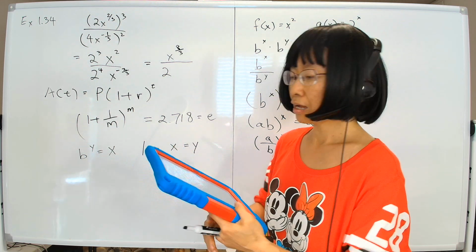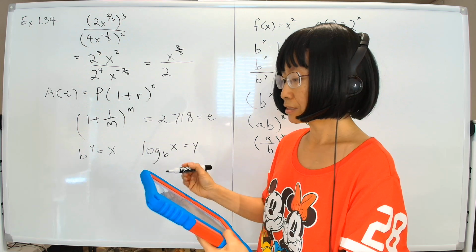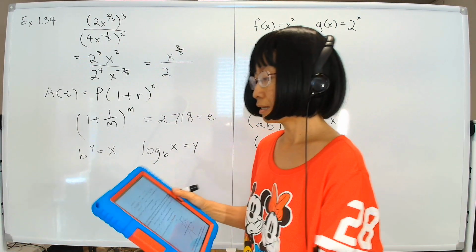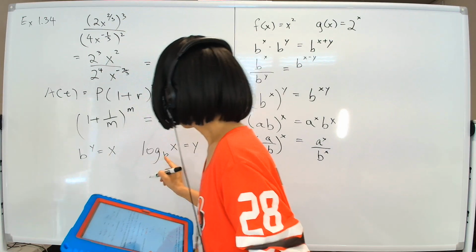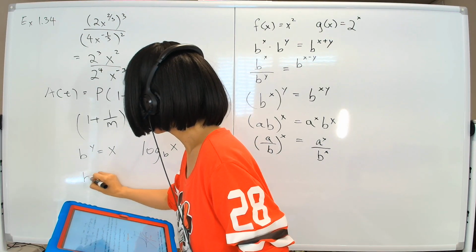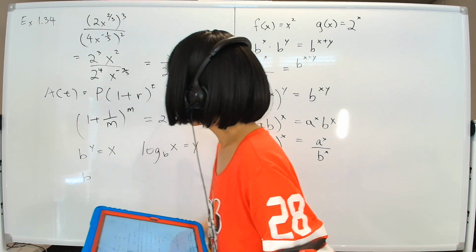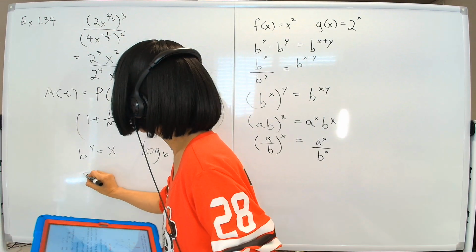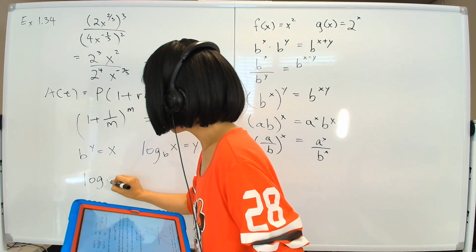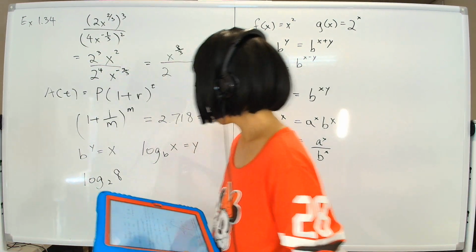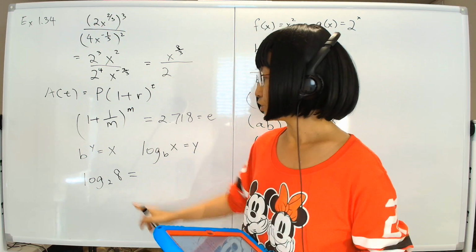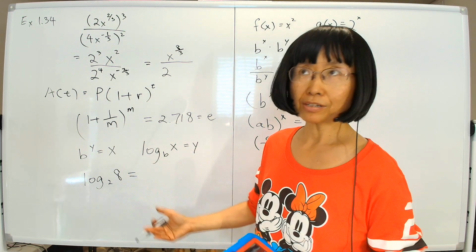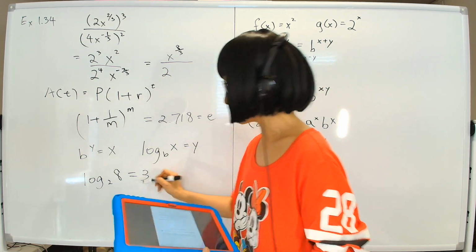An example of logarithm: what is log base 2 of 8? Let's calculate log base 2 of 8. That is asking the question, 2 to what power equals 8? That would be 3. So that's your answer.